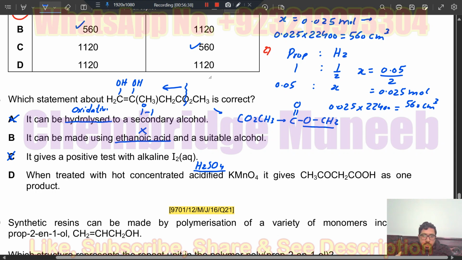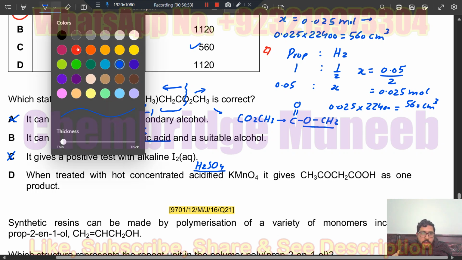As a result, we can have the alcoholic part on one side and the carboxylic part on the left side.